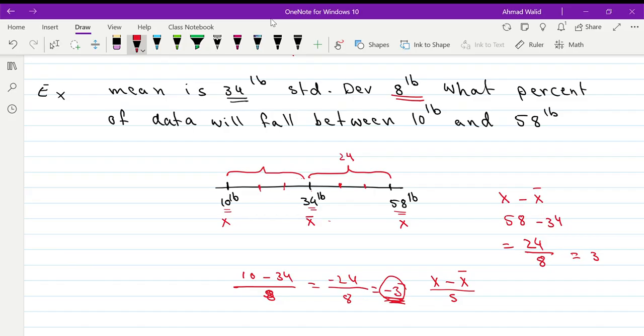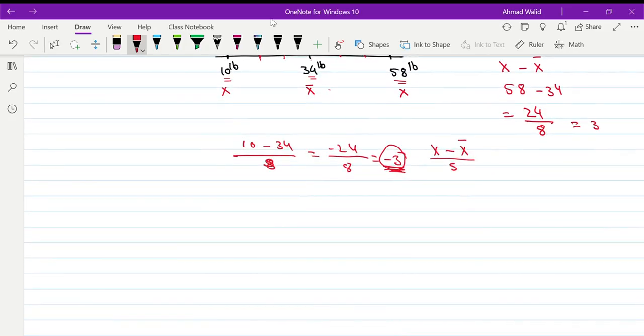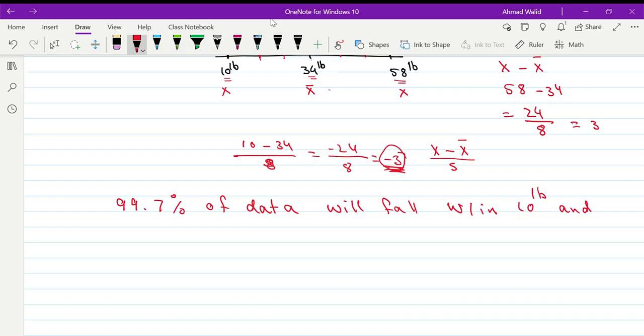Then you can say, when I'm 3 standard deviations away from the mean, 99.7% of the data will fall. It's good to write a sentence, will fall within 10 pounds and 58 pounds.